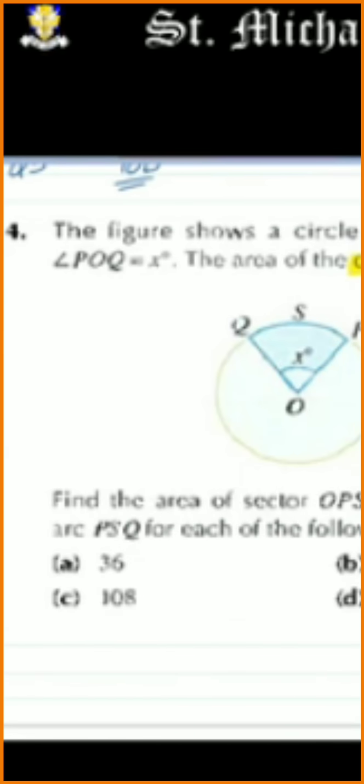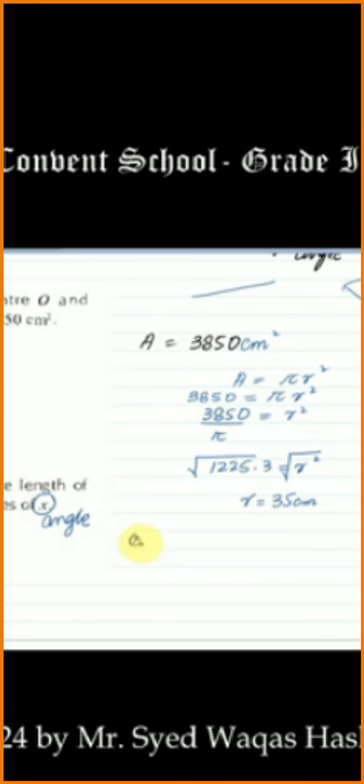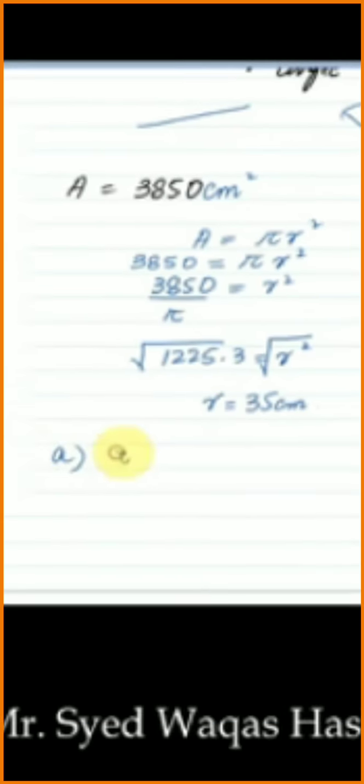Now radius is constant for all these. And we need the area and the length of the arc PSQ, this minor arc, for each of the following values of x. That means the angle is known.